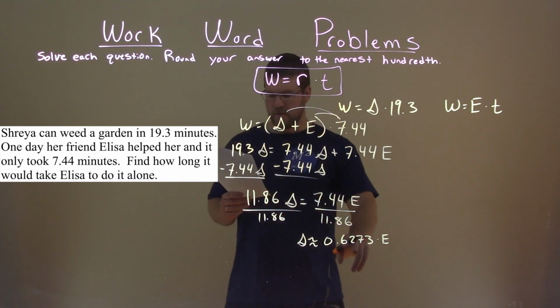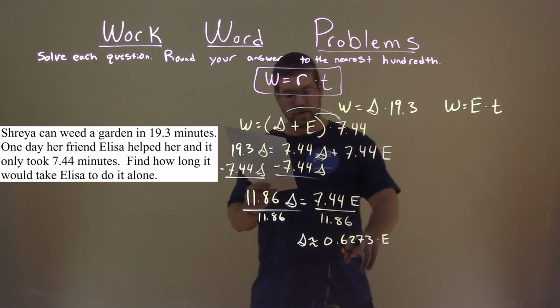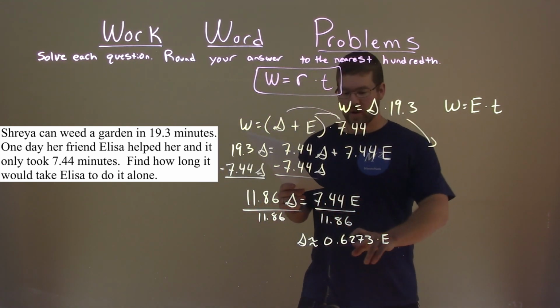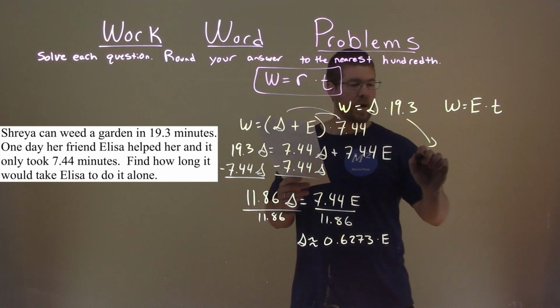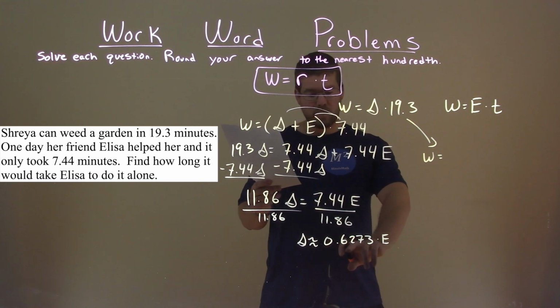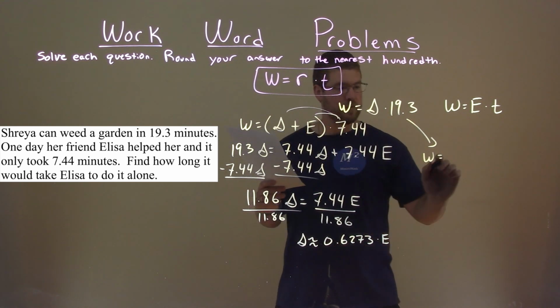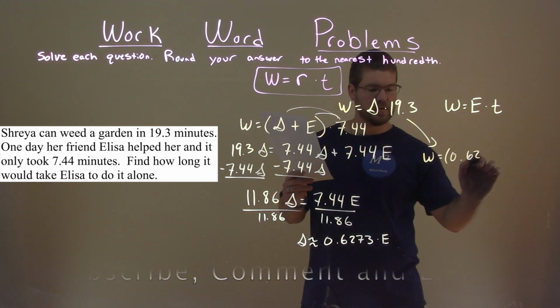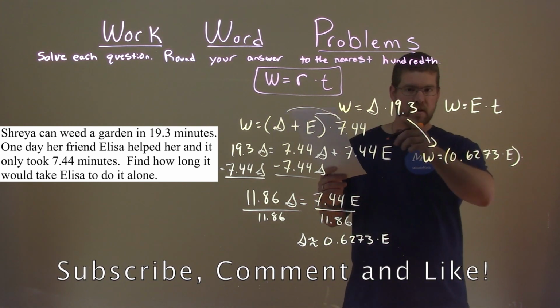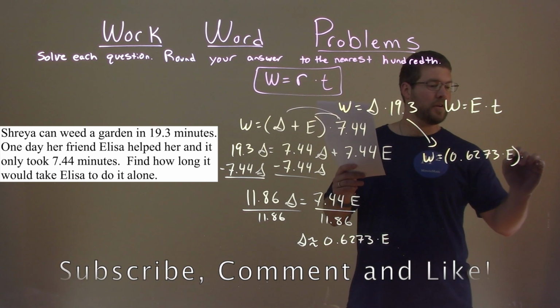Well, now what we can do is take the formula here from Shreya, and plug in what we know. So that work is equal to Shreya's rate, which is 0.6273 times E, times the time of 19.3, if it fits in here.